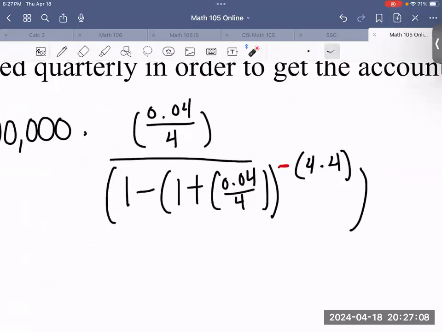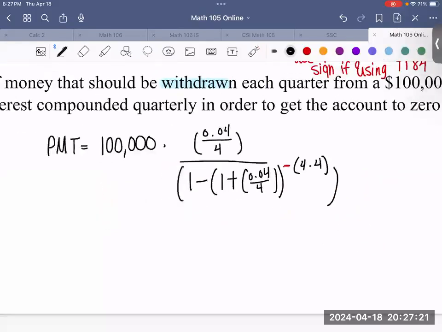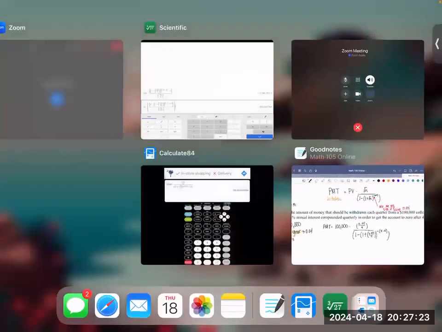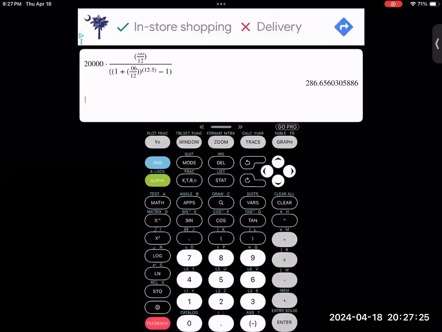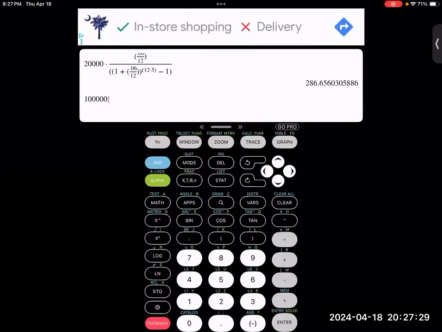Again, kind of tracing back your parentheses, we have this set of parentheses, this set of parentheses, and this one. This is the most important one that you have to include. I'm going to punch it into this one this time. So we have 100,000, just counting up your zeros. Math, fraction.